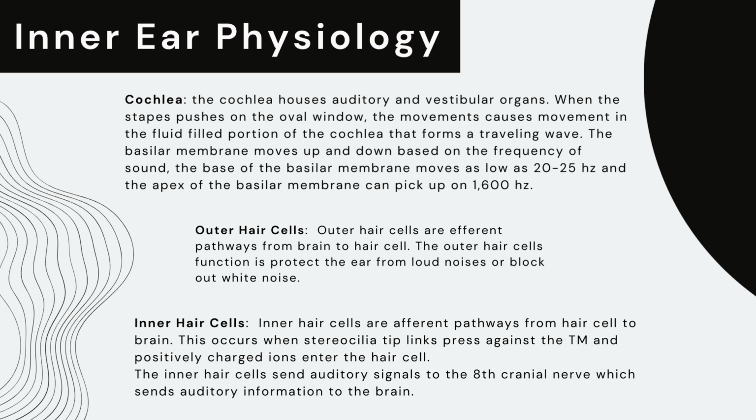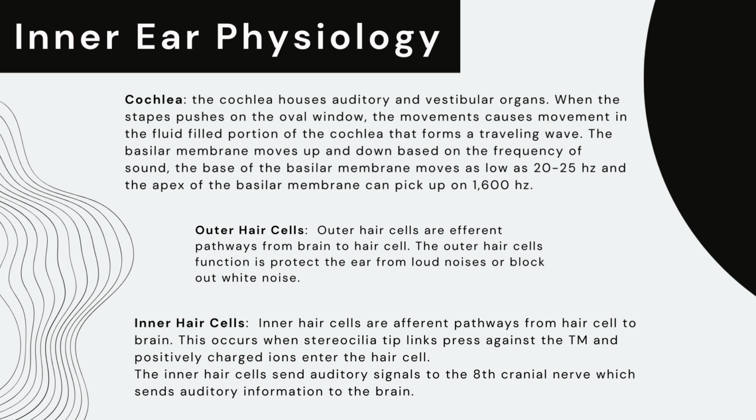Outer hair cells. Outer hair cells are efferent pathways from brain to hair cells. The outer hair cells' function is to protect the ear from loud noises or block out white noise. Inner hair cells. These hair cells are afferent pathways from hair cell to brain.